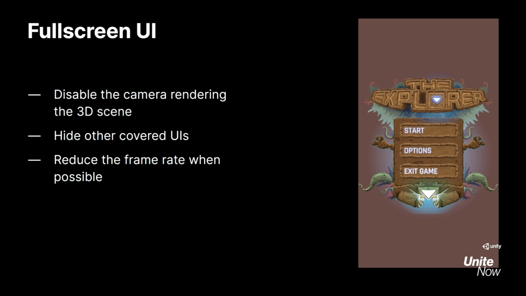This is just to save some processing when you want to make the canvas visible again. And also, reduce the frame rate when possible. So if you have UI that's just for menu and it's not even animated, or the animation is at 15 frames per second, there's no need of running the background animations or the game update at 60 frames per second.